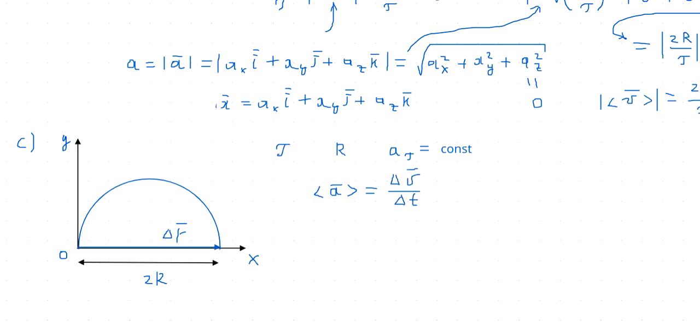From the condition, we know that delta t is equal to tau. And how to find delta v?